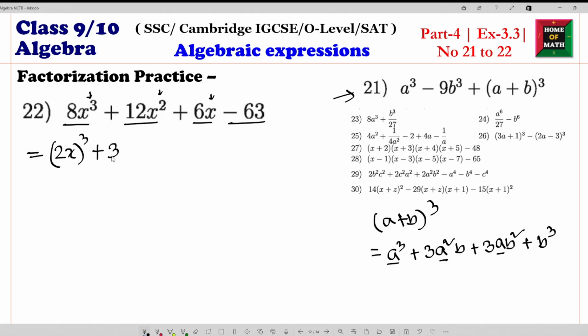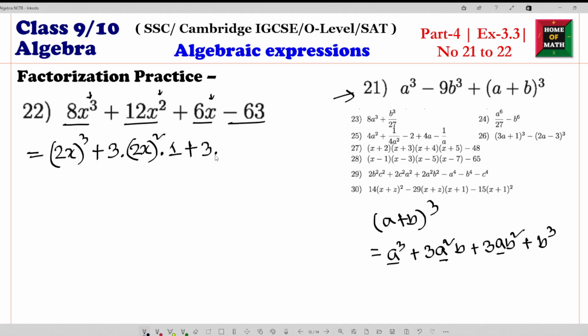So first 3, a means what? 2x, (2x) square. So what does it mean? 2 square means 4, 4 times 3 is 12, and x square is x square, so no need to do anything. Therefore for b we can write 1, plus 3ab square.